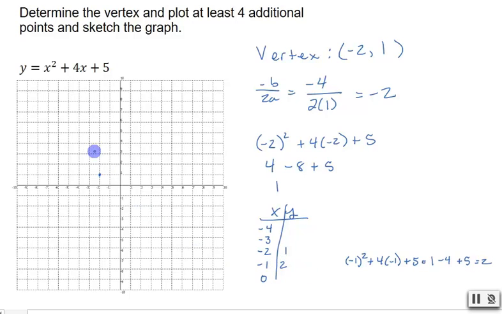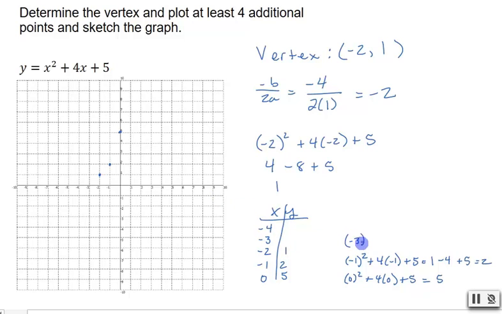So I have negative 1, 2. And try a 0. 0 squared plus 4 times 0 plus 5. These two terms are going to be 0, so you're left with just a 5. 0, 5.